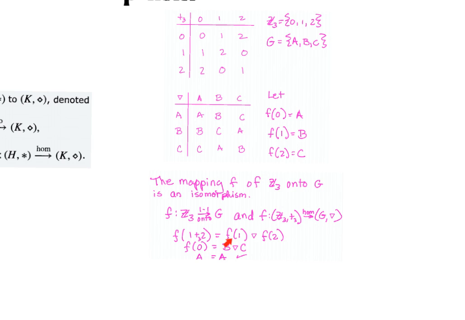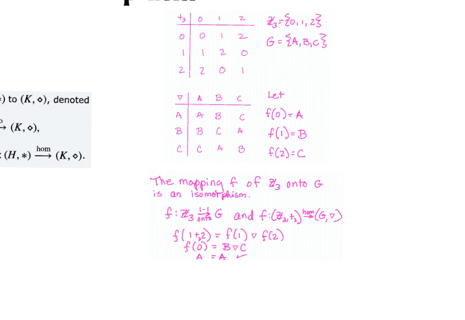Now, f of 1 is B, f of 2 is C, and f of 0 is A. If I look at B upside down triangle C, it's A. And if you were to continue to look at this, you would see that it always holds true.